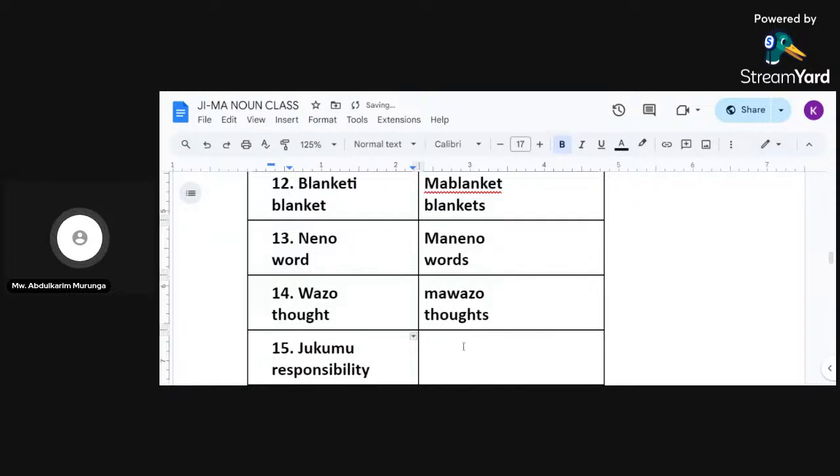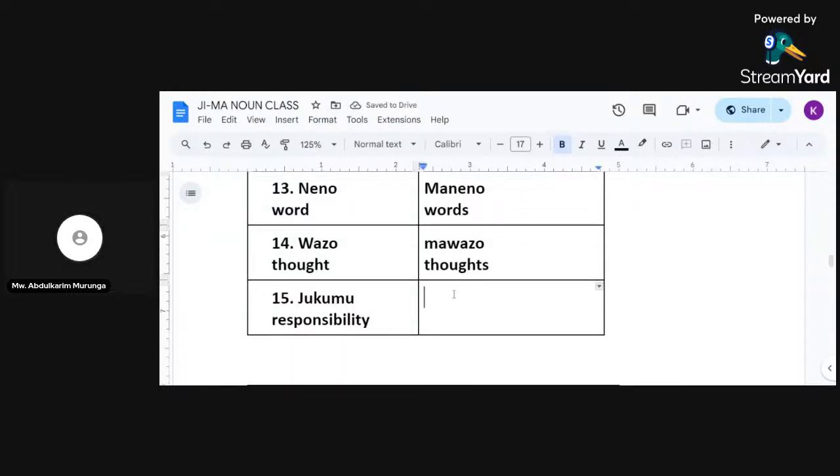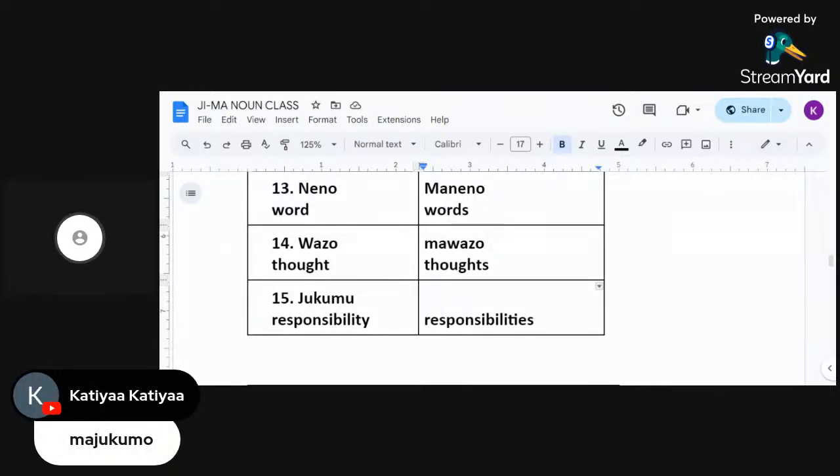So my responsibility, jukumu langu. How do we say responsibilities in Swahili? Katia says majukumu. Vizuri sana. Majukumu.